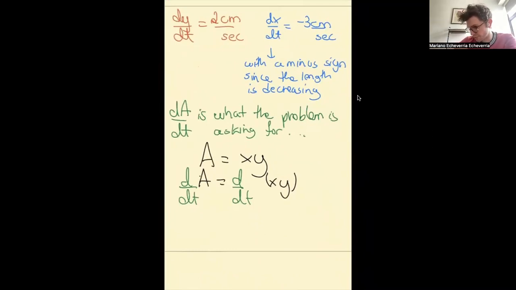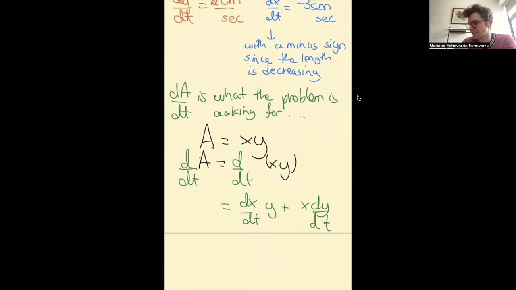So you have to use the product rule, good. But once you get to this point, it is more or less substitution. If you do things correctly, it's just a bunch of substitutions.